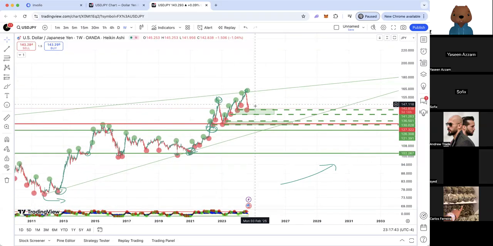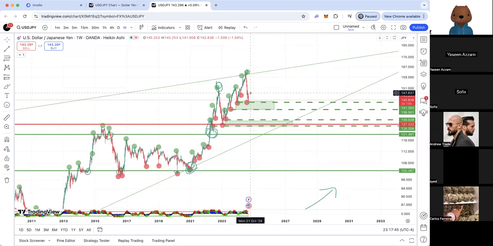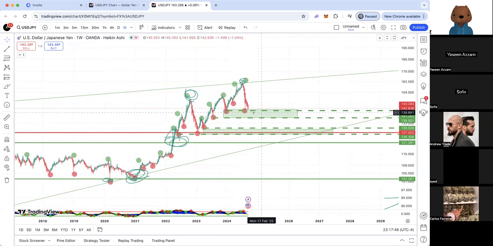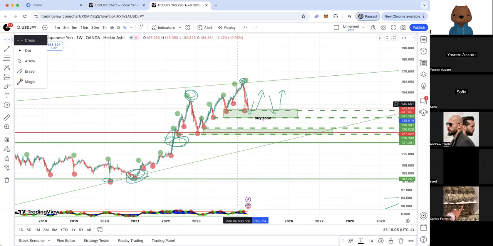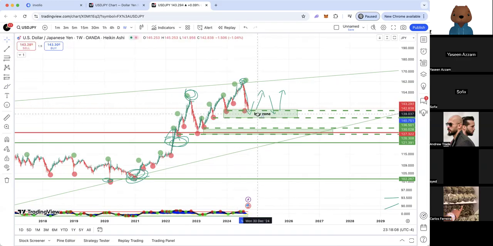So this is a support box right now. What it means is that the current trend is actually above support. So if the price comes back here, we expect it to bounce back up. Comes back here, we expect it to bounce back up. So this is a good buy zone. This is what we want to call our new buy zone right now. Okay? This is our buy zone.